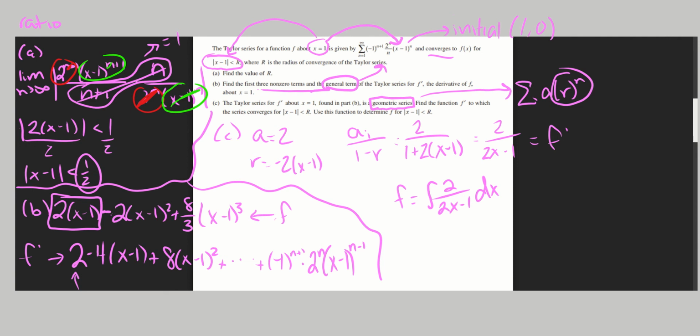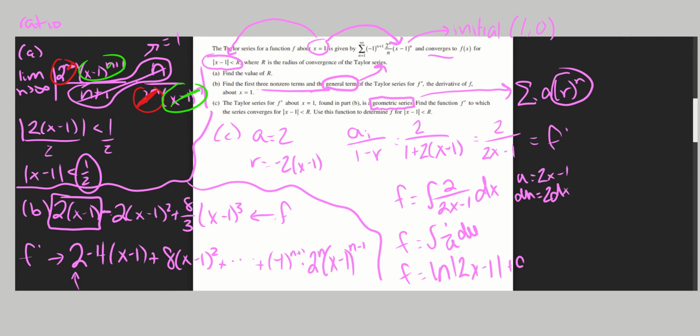So then our issue here is now we need to take the antiderivative of this. So if we did u substitution, that's 2x minus 1, du is 2. We have everything we need. So that would be 1 over u du. So f is going to be ln, absolute value of u, which is 2x minus 1, then plus c. So now we need to solve for what c is.